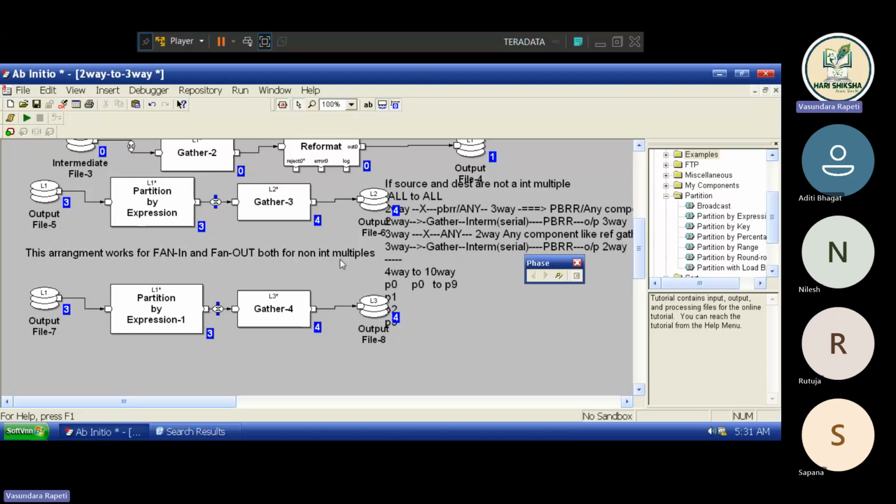For non-integer multiple, this is the arrangement. Simple way: for integer multiples, for fanning in only partition, for fanning out partition component is enough.